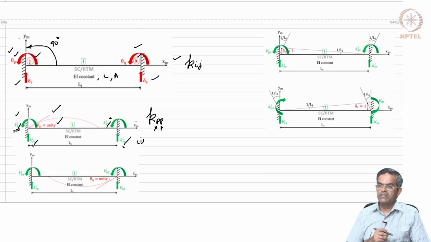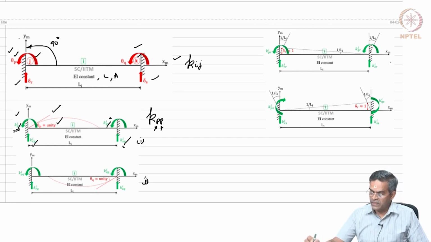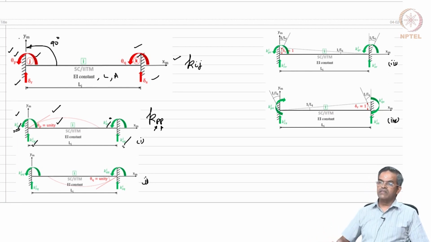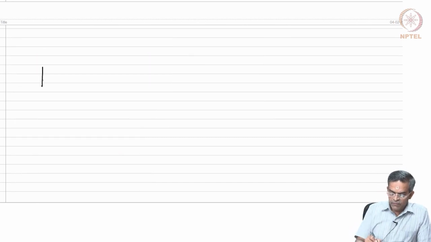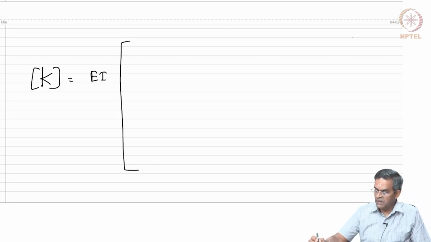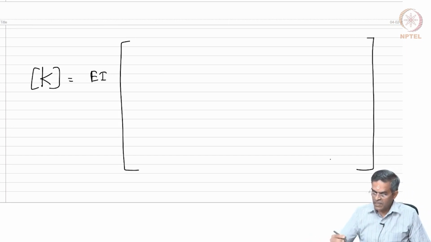So, unit rotation at jth end, unit rotation at kth end, unit displacement at jth end and unit displacement at kth end. With this standard convention, we derive the stiffness matrix, and we said the stiffness matrix for a fixed beam neglecting axial deformation is given by this.